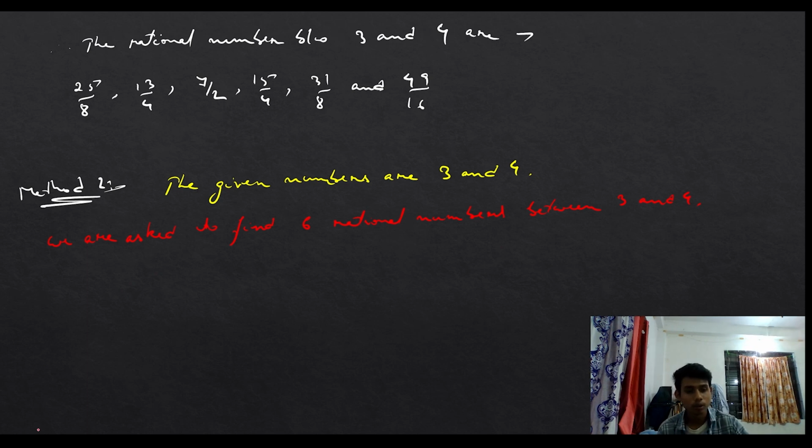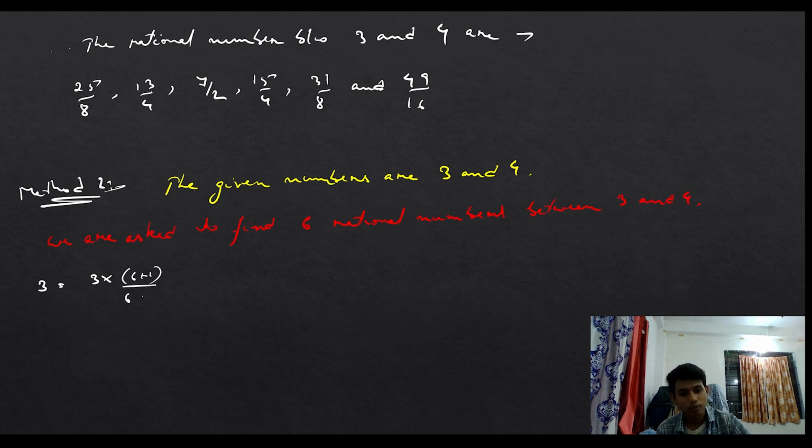Therefore, we will create some equivalent rational numbers. We'll convert 3 into an equivalent rational number by multiplying and dividing by 7.